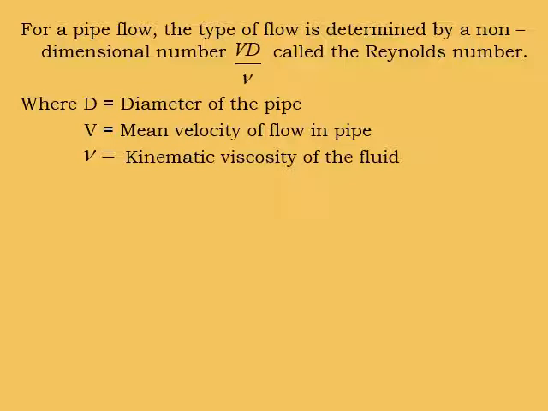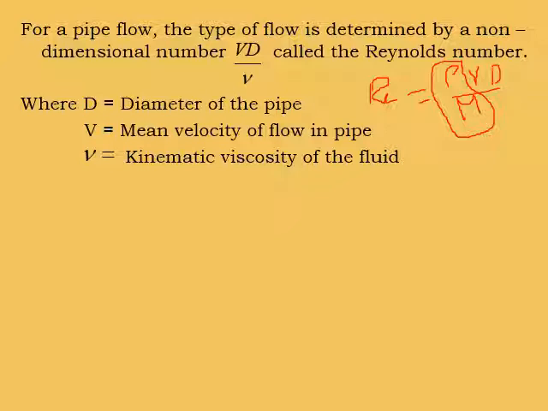There is one more expression for this. The Reynolds number is given by Re equals rho Vd by mu, where mu is the dynamic viscosity. We know that mu by rho is equal to the kinematic viscosity.